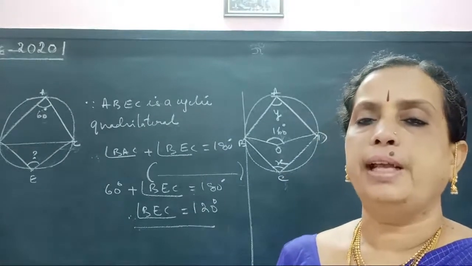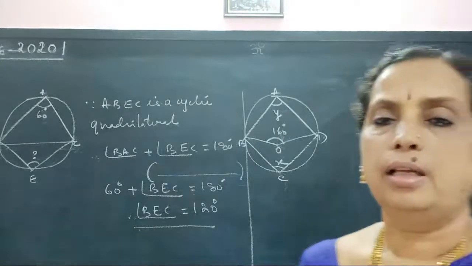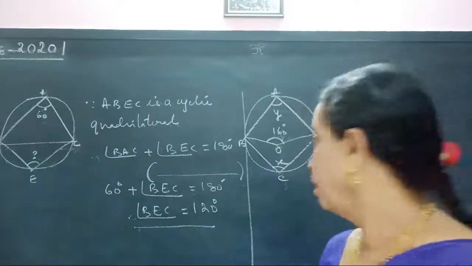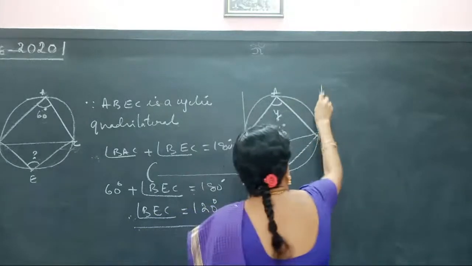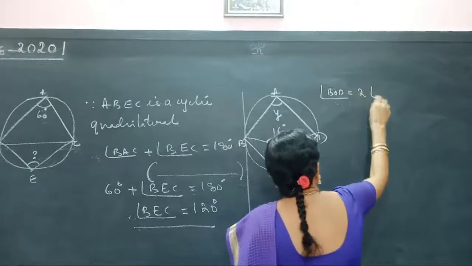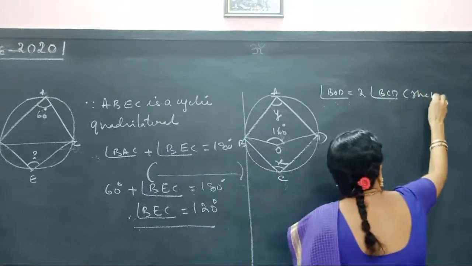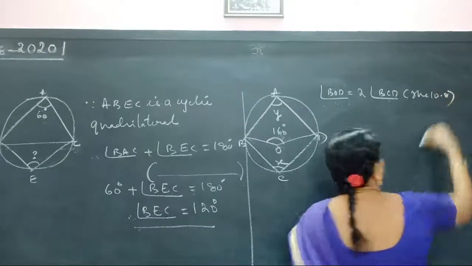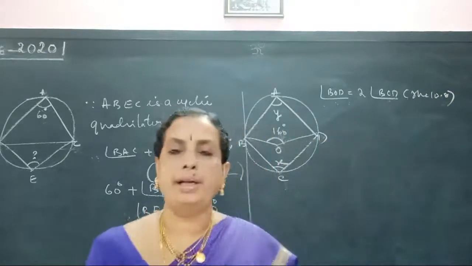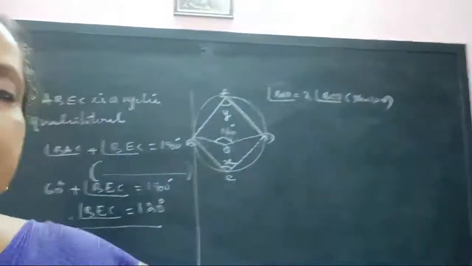x is 80 degrees, y is 100 degrees. Reason: angle BOD equals 2 times angle BCD. Theorem 10.8, or you can write central angle theorem.